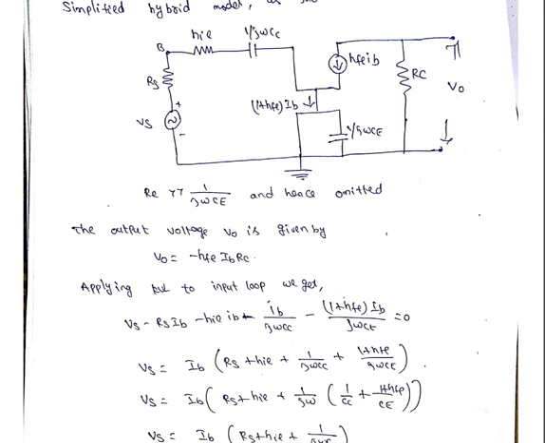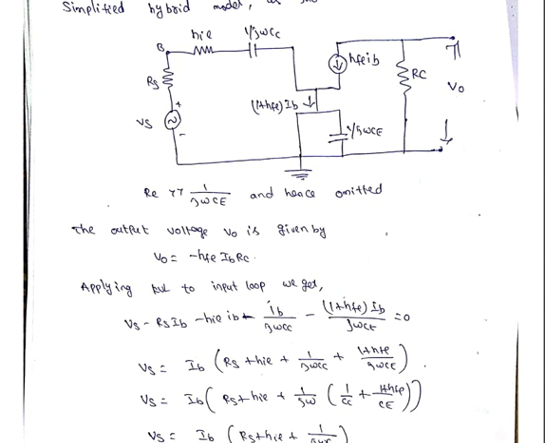So HIE, the coupling capacitor is 1 by J omega CC, on the output side HFE IB, and the emitter bypass capacitor is 1 by J omega CE. Here RE is greater than 1 by J omega CE, so we neglect the emitter resistor RE. The output voltage V0 is equal to minus HFE IB RC.